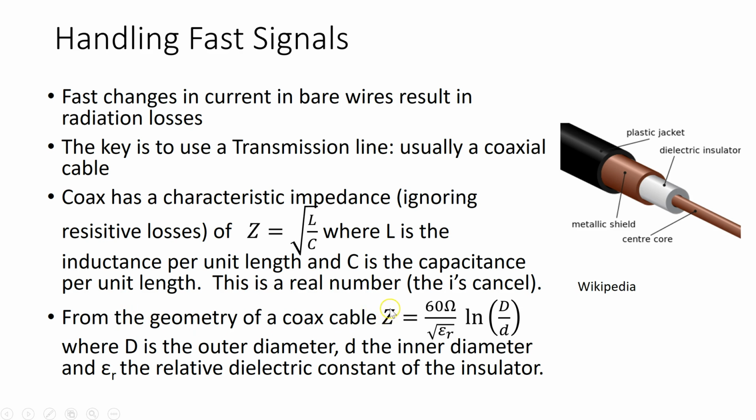The impedance of a general cable is given by this formula here, where this is the logarithm of the ratio of the large diameter to the small diameter of the two conductors, and usually this is made to be either 50 ohms or 75 ohms.